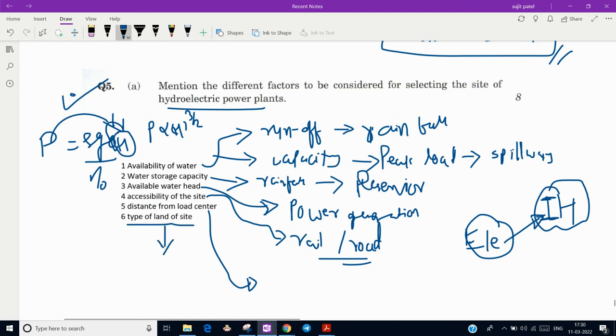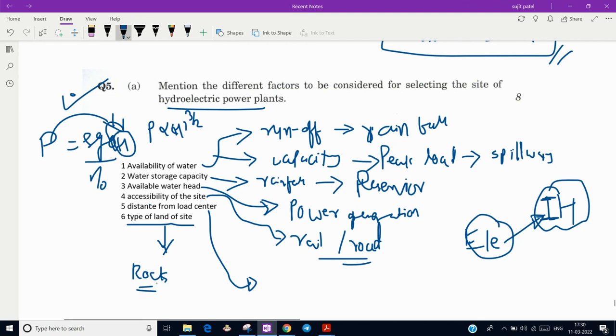The most preferable site is rock type, because the foundation of the dam is constructed on very good soil. It should be on solid concrete soil. We have to transfer an enormous amount of load, static load as well as hydrodynamic and mechanical loads, ultimately onto the land. So we have to prefer rock type soil.